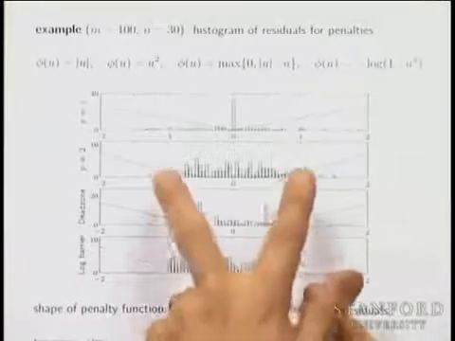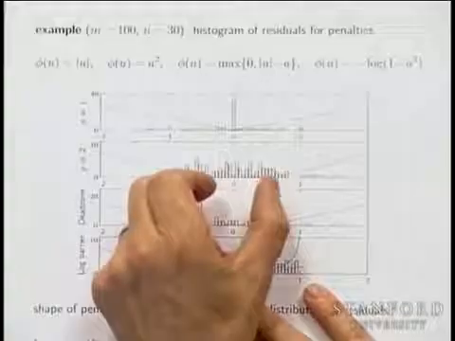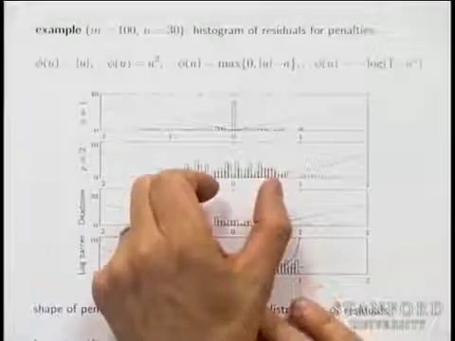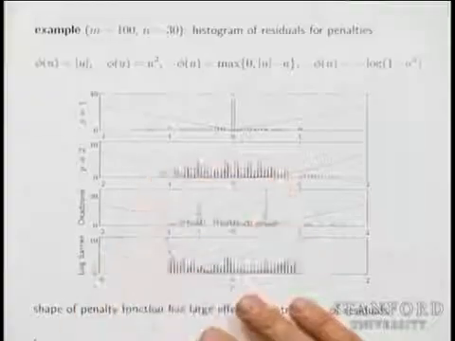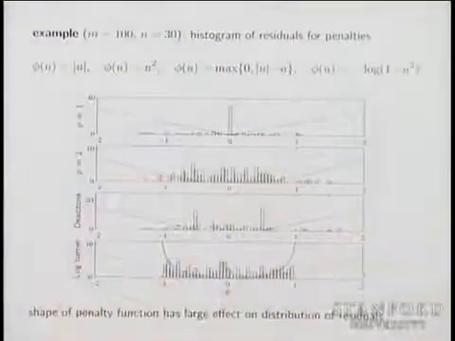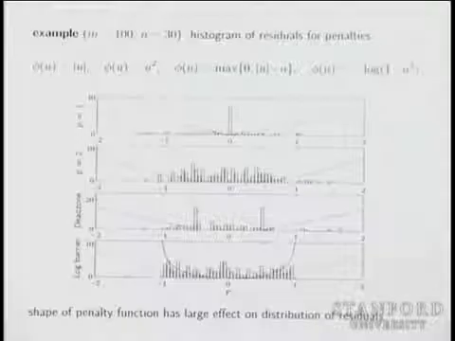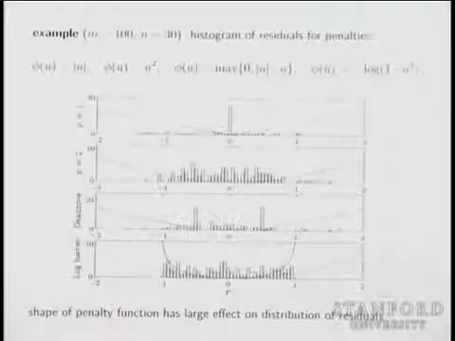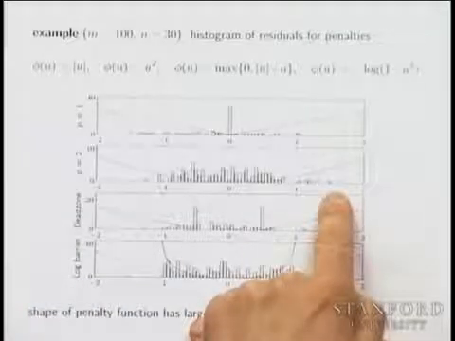In L2, once you get a residual small, you expend no effort to make it any smaller, because your irritation level is small squared at that point, and there's just no point. You don't care. So once these residuals are pushed into this area, the diminishing marginal irritation is very small, and so you just quit. Okay, that's fine. You focus on big residuals.